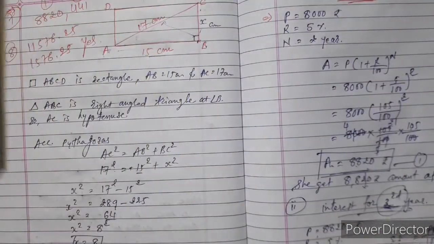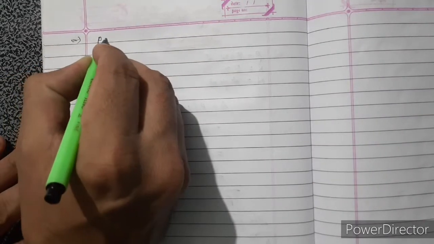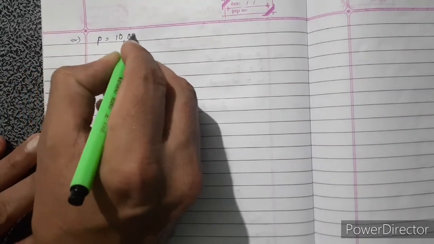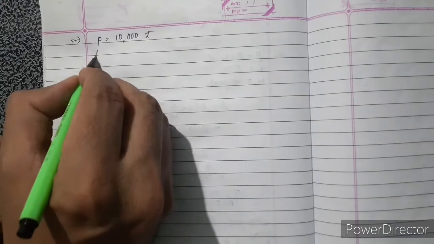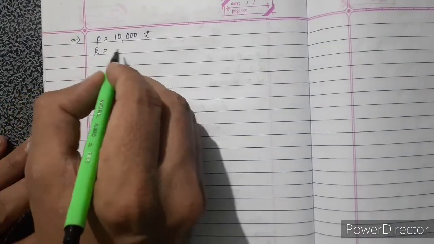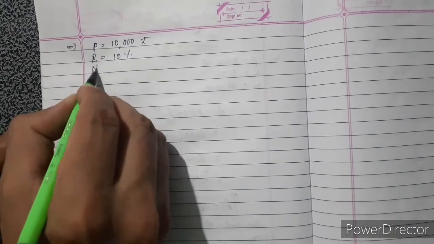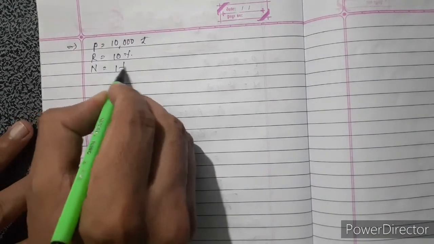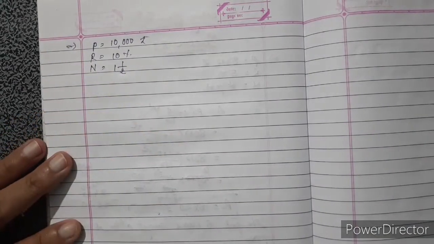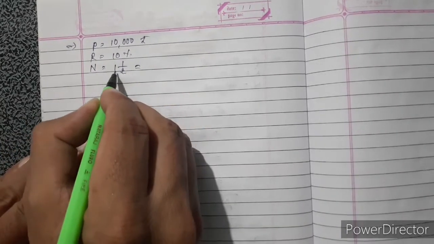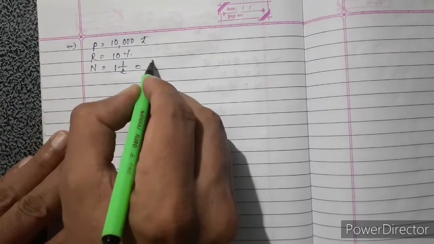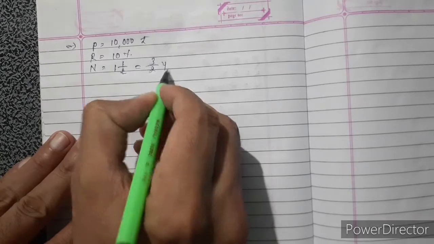Now what is the principal amount? Here P equals 10,000 rupees. The rate is 10%, and the number of years is 1 and 1 upon 2, that means 3 divided by 2 years.